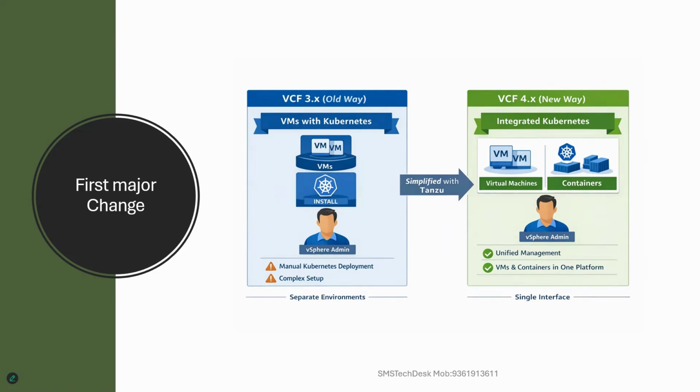But in VCF 4.x, Kubernetes is directly built into the platform using Tanzu. So now a vSphere administrator can manage both virtual machines and containers from the same interface without maintaining separate environments. That is one of the major changes in VCF 4.x. Now let's explore other major changes in the upcoming slides.